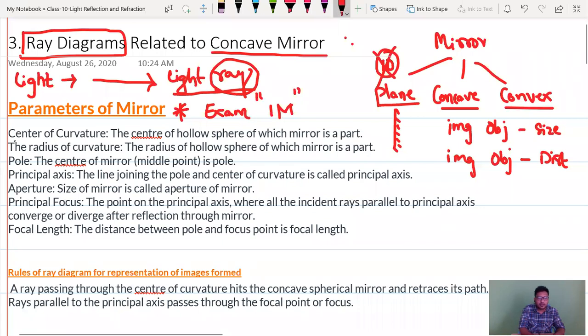So you have to understand a few definitions and terms like center of curvature, radius of curvature, pole, principal axis, aperture size, principal focus, focal length. These are the terms you have to understand today.